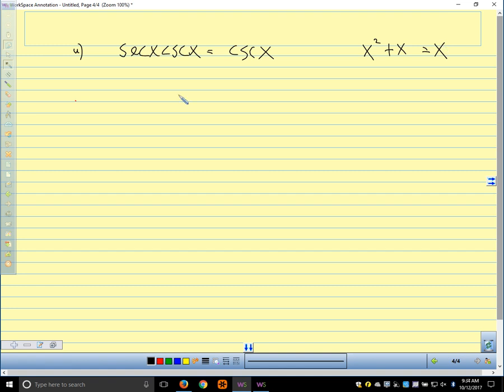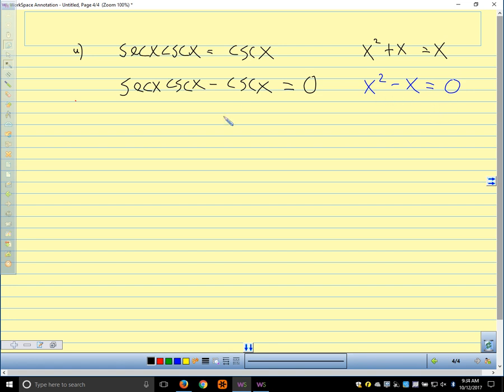So what we want to do here is subtract x from both sides, so we just end up with x squared minus x equals 0. We're going to do the same thing here: secant x cosecant x minus cosecant x equals 0. Now if we had an equation like x squared minus x equals 0, how do we go about solving it?